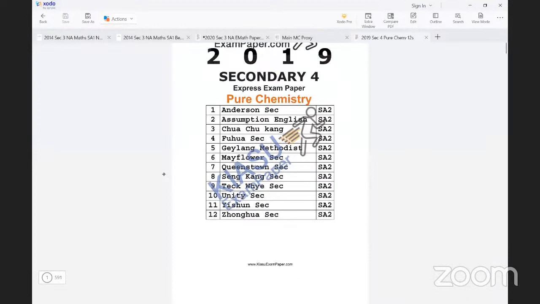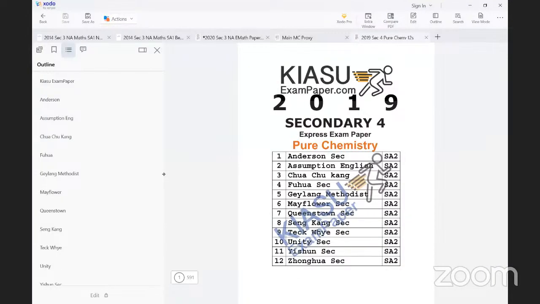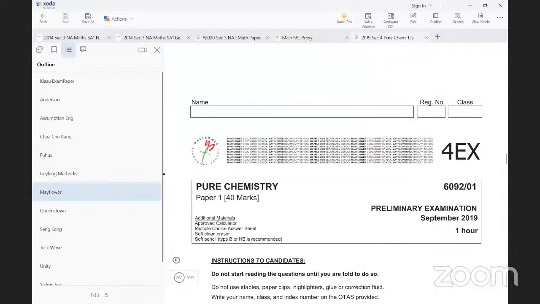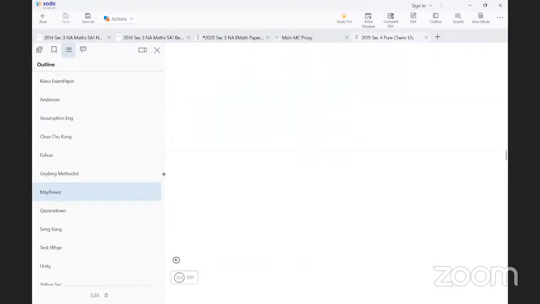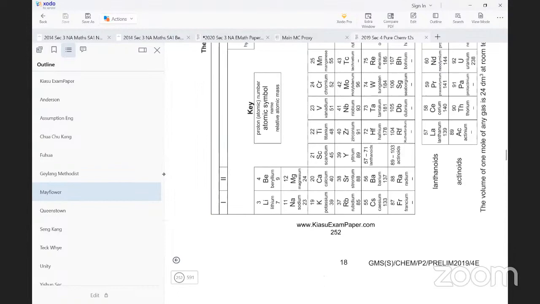Wait, a bit long. There you go. Okay, let's say I go to Mayflower, and go up, it'll be Geylang Methodist. Okay, we're tracking back here, right?